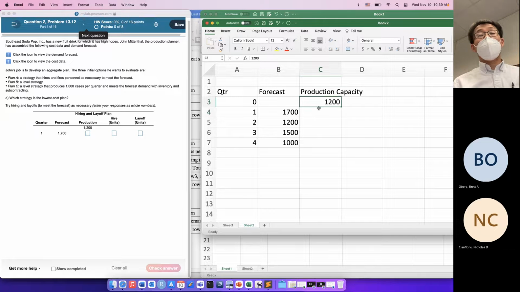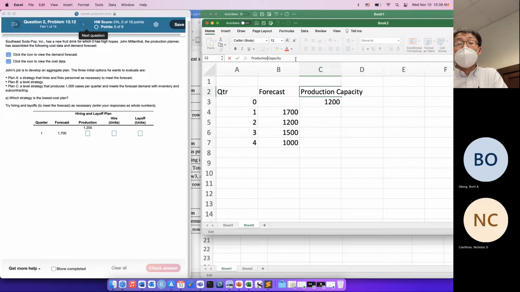Okay, so in the previous period, you have enough people for 1200. If this is a demand chasing strategy, this can be misleading, but it is actually okay.